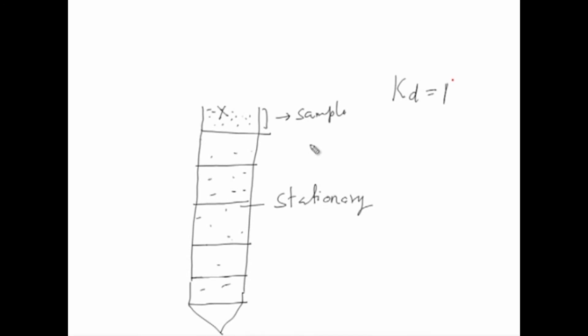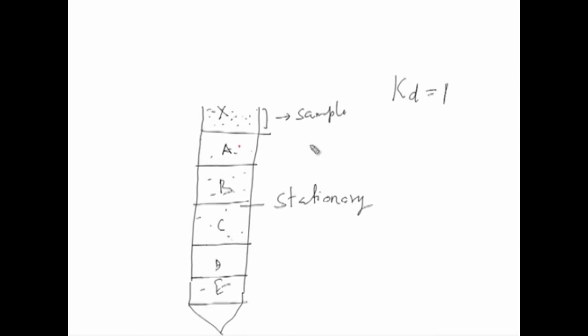So what will be the consequences as this whole thing enters, like say separate this area into different zones here. Now what will happen, as X amount of substance in the mobile phase enters this area, it reaches, like we have taken equal amount here, equal area, and as it reaches here, what will happen, the X will be distributed between the two phases equally, that is the stationary phase, the area A, and the mobile phase.